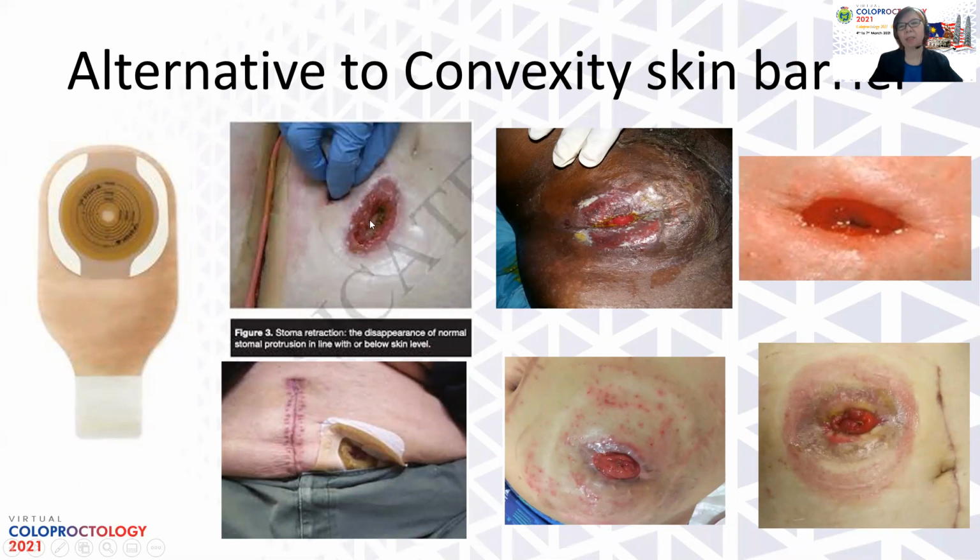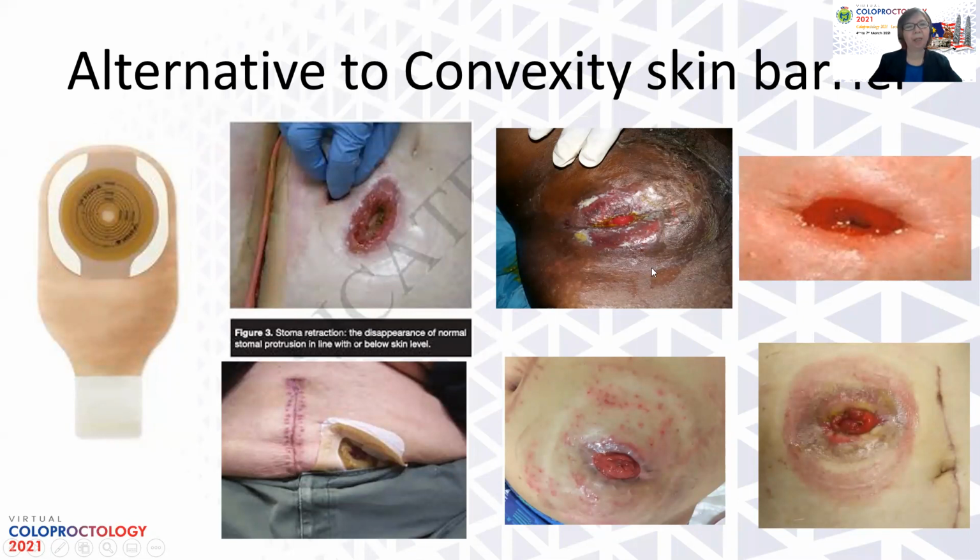Some of these cases I could use a one-piece system for the patient, and it managed well. Except some of these are not my cases. I'm just showing you the cases that can be managed with a one-piece system rather than a convex wafer. Sometimes you just have to add the barrier ring, that's all. Not a convex ring, a barrier ring.